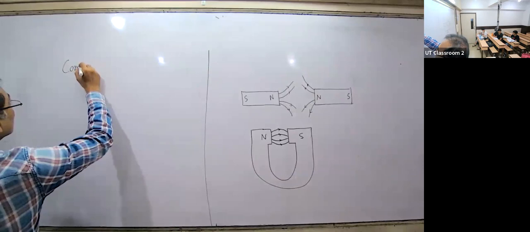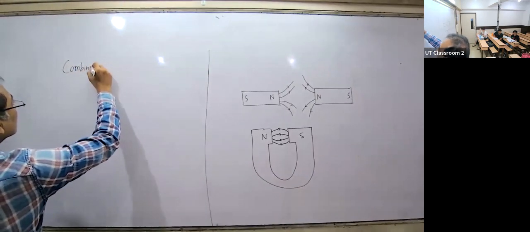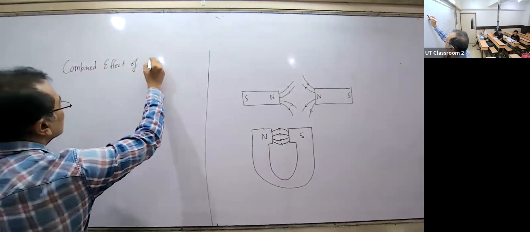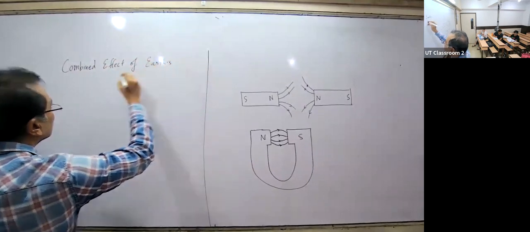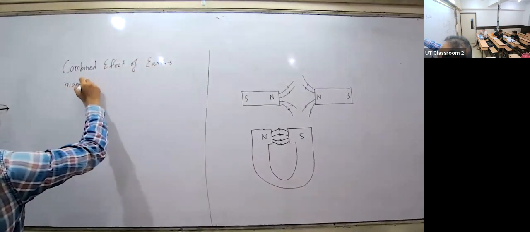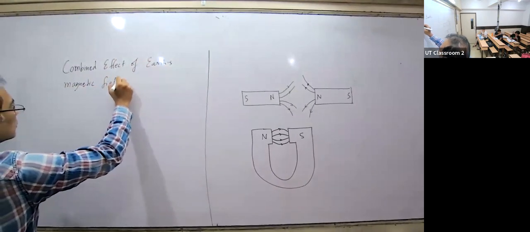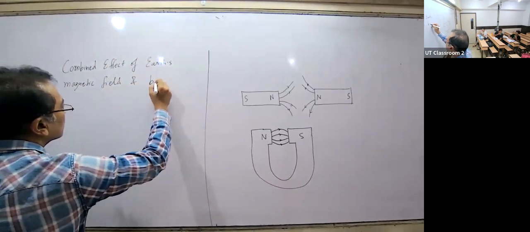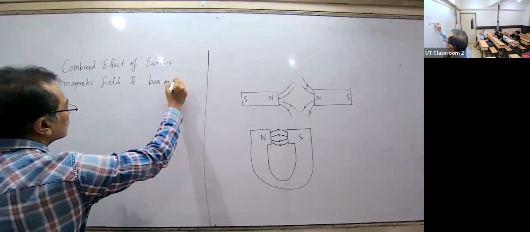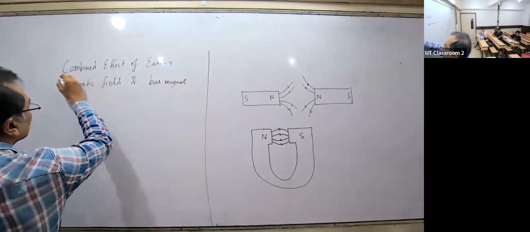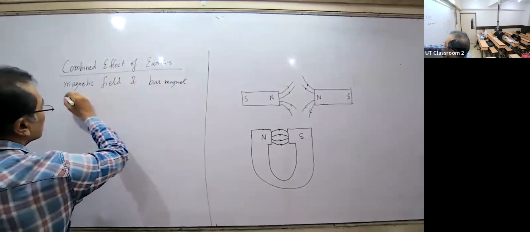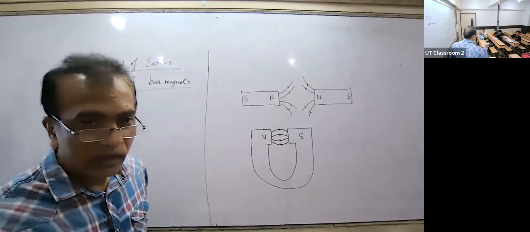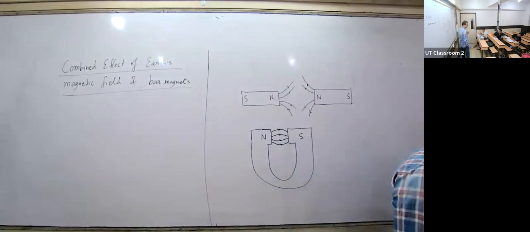So combined effect of Earth's magnetic field and bar magnet. Earth's and bar magnet's magnetic field. Okay.